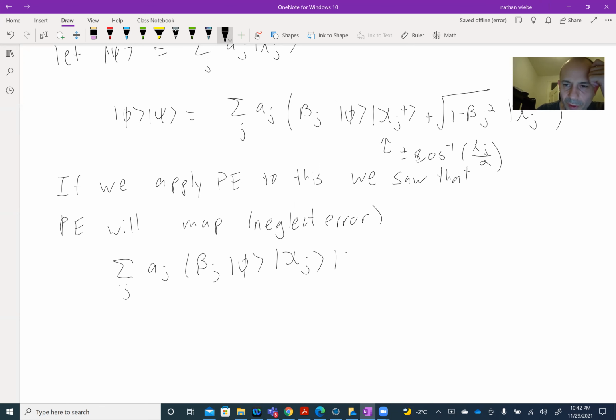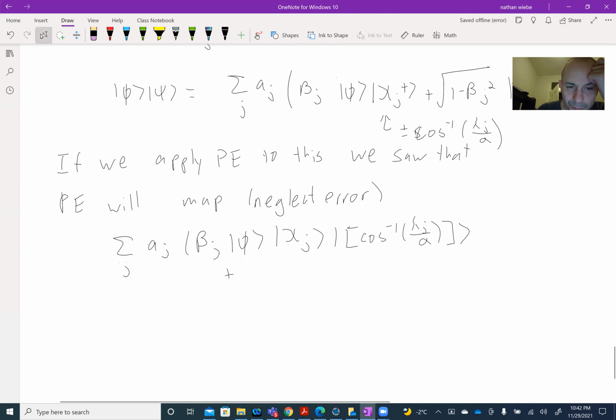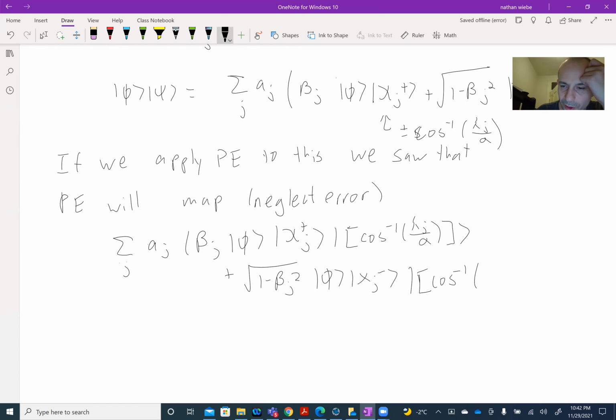I'll represent that information in this binary encoding of the arc cosine of lambda j over alpha, plus, of course, the square root of 1 minus beta sub j squared of phi, chi j minus, and the state that phase estimation will encode over here, neglecting errors, will be a binary encoding of negative the arc cosine of lambda j over alpha.